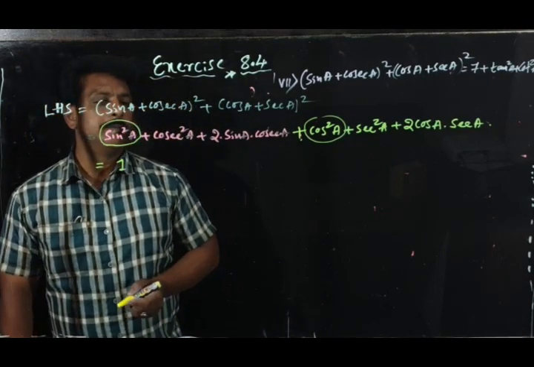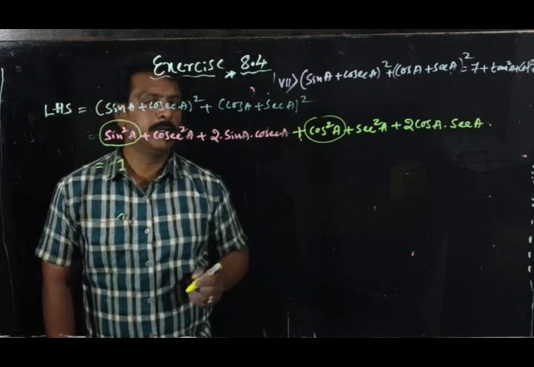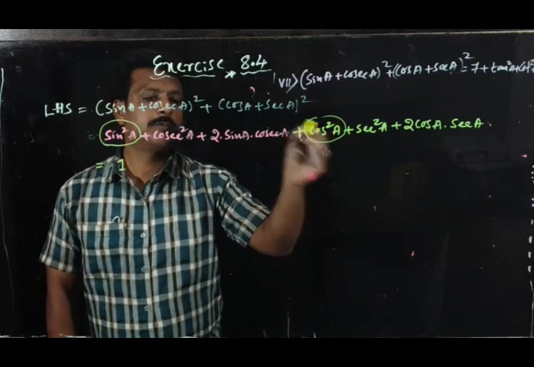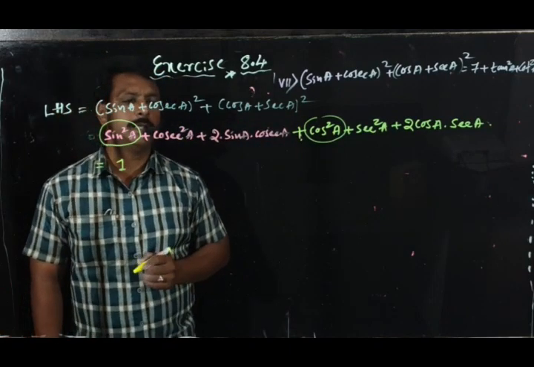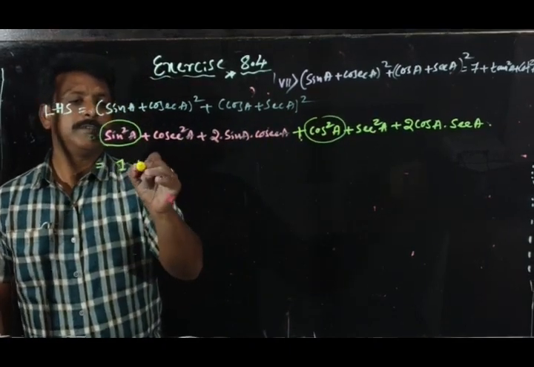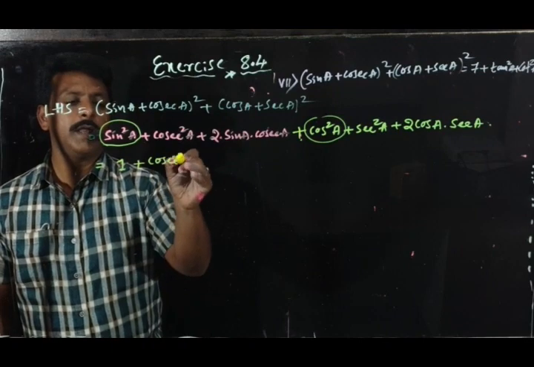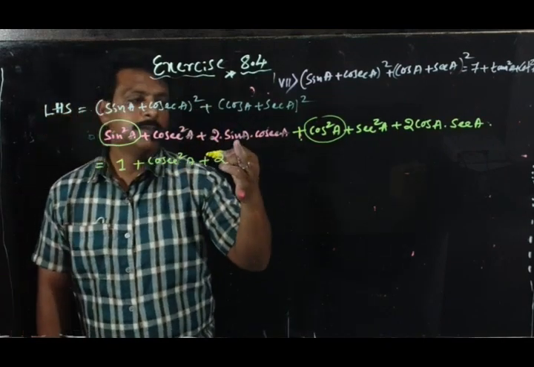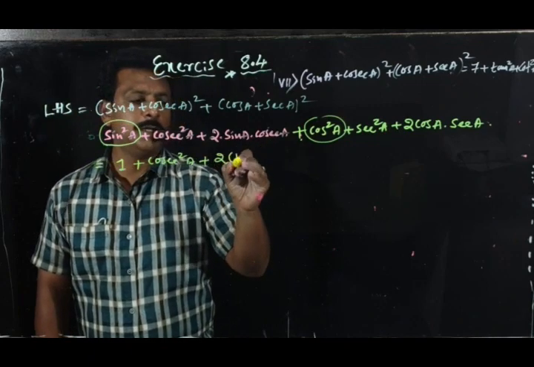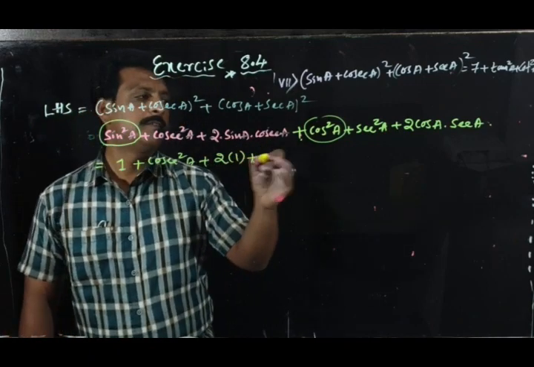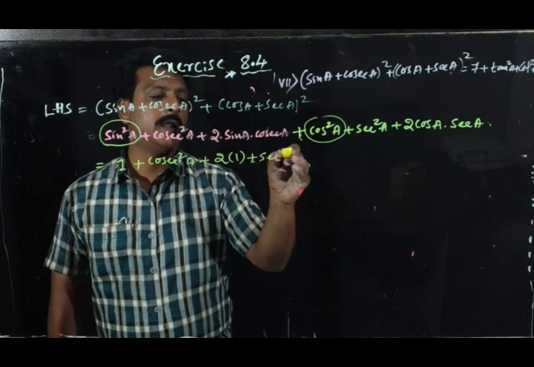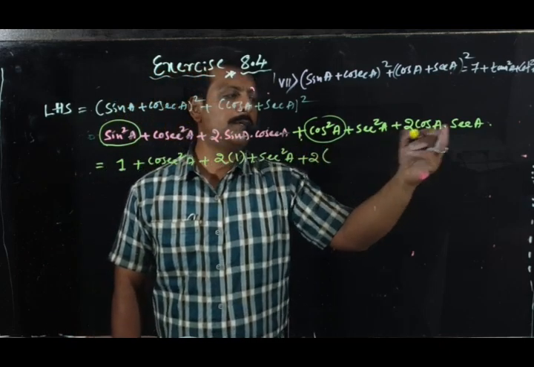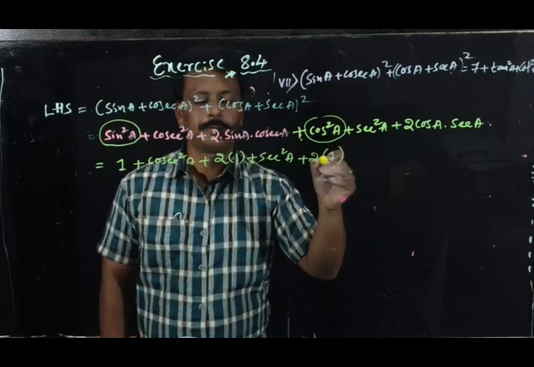After that, what are the remaining things? Let me write as it is. Plus cosec square A plus 2. I gave you note formula: sin A into cosec A is equal to 1, plus sec square A, same thing, 2 into bracket, cos into sec is equal to 1.